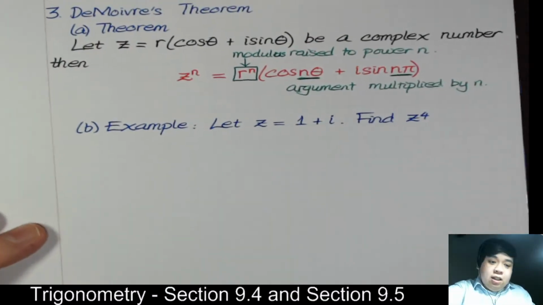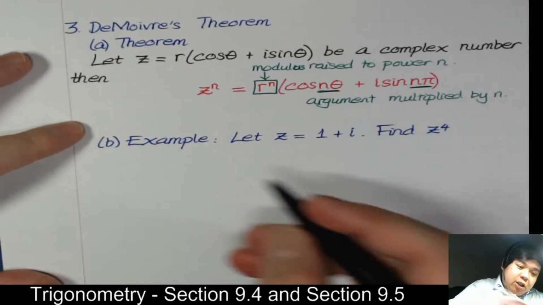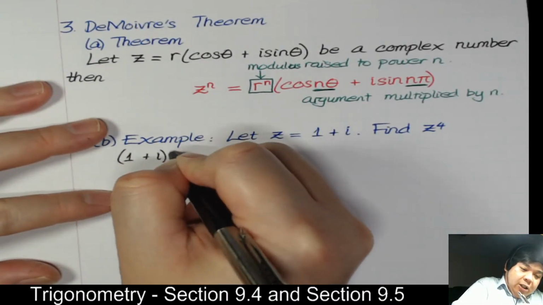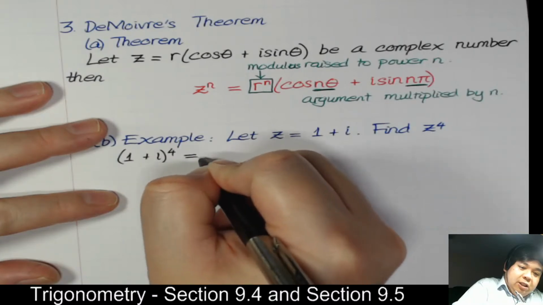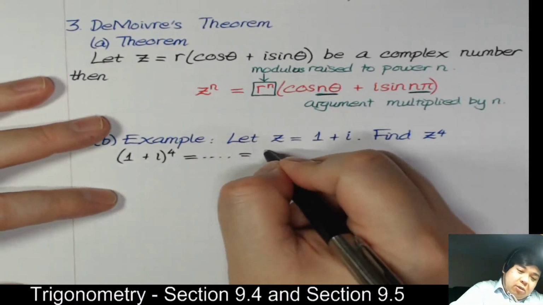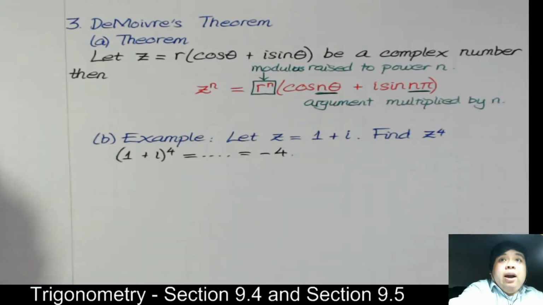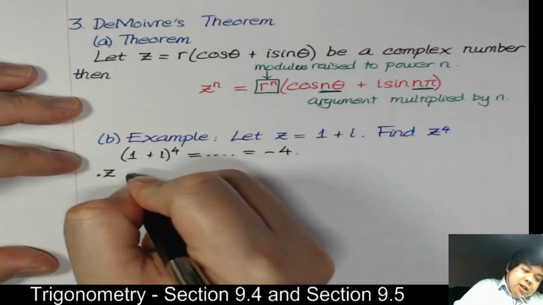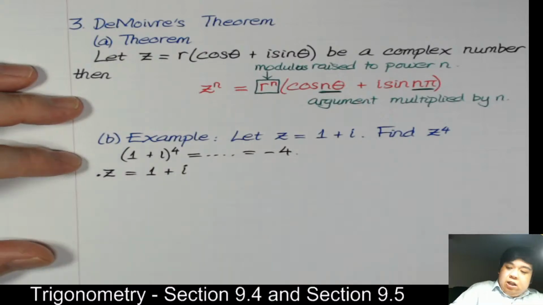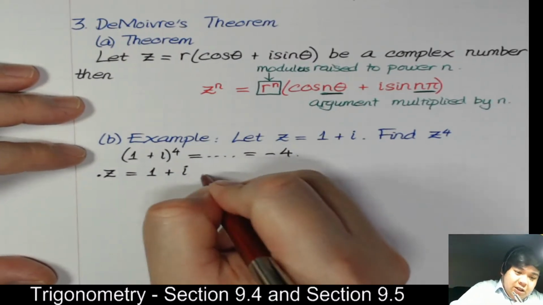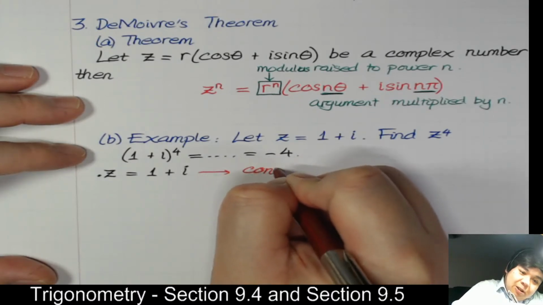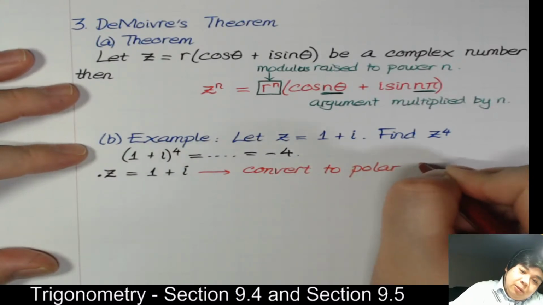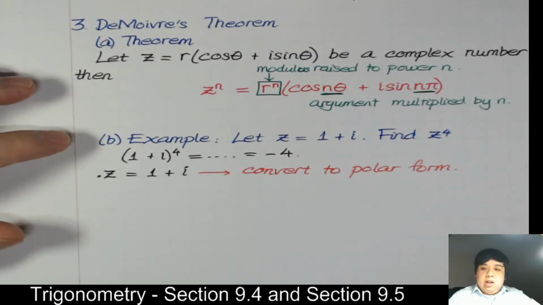But can we do that without the calculator? First of all, we know that 1 plus I to the 4th power, we just multiply that 4 times and that gives us -4. So that's easy. Now how do we apply De Moivre's Theorem? First, we have Z equal 1 plus I. We have to convert this to the polar form.